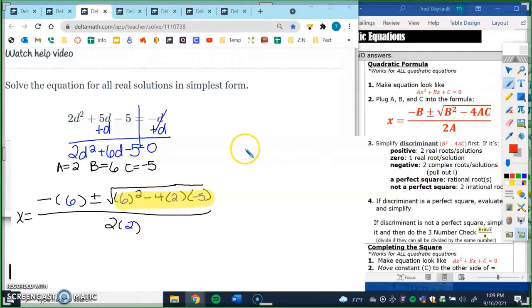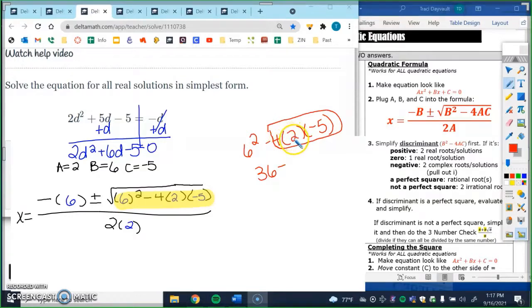In this case, it would be 6 squared minus 4 times 2 times -5. That's going to be 36 minus, and let's figure out what this equals. 4 times 2 is 8. 8 times -5 is -40.